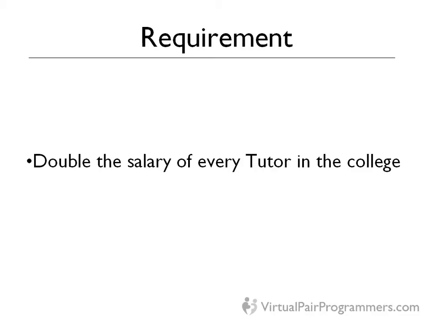Now you could do that by using HQL to load all of the tutors into memory, then loop around the tutors and call the set salary method for each one, and then let Hibernate do a dirty check. Now that might be okay if you have a small number of tutors, but it is going to mean loading all of the tutors into memory, which means lots of objects.